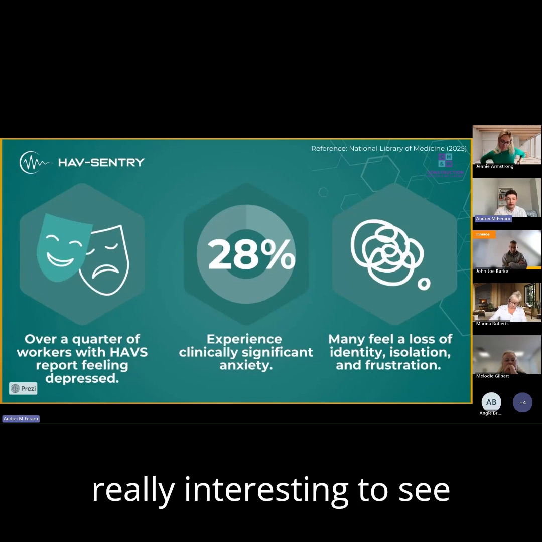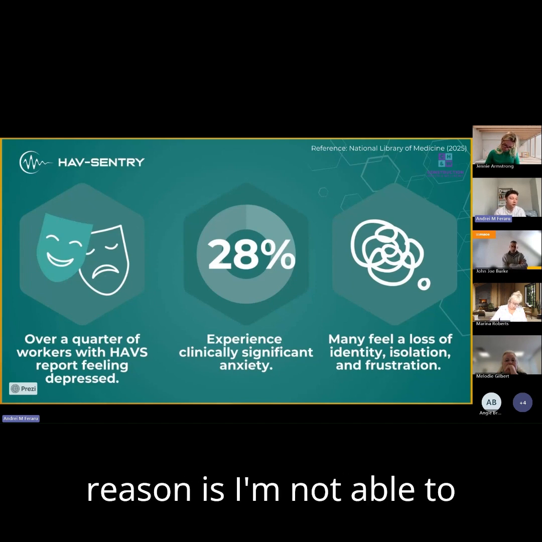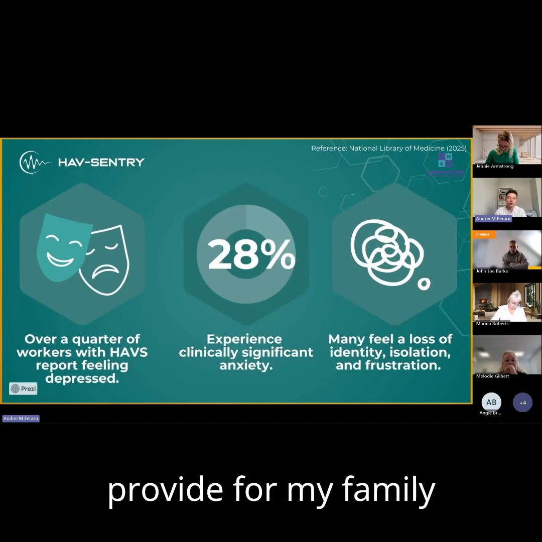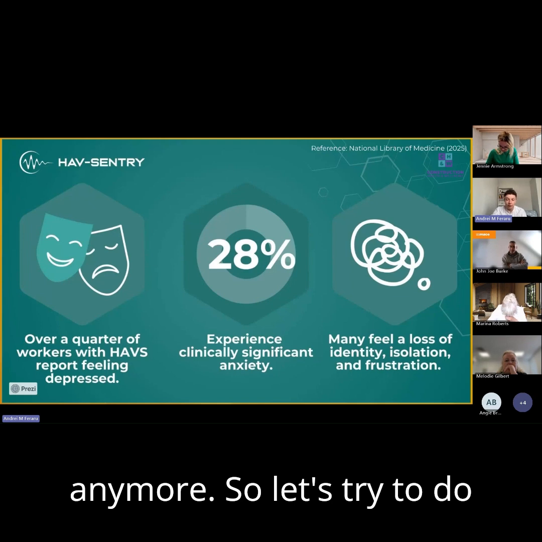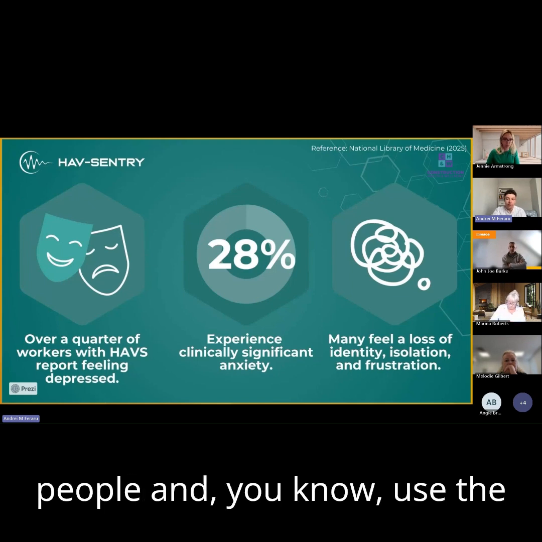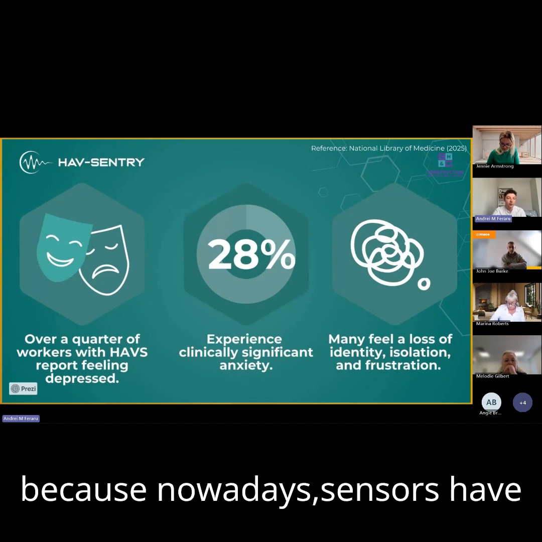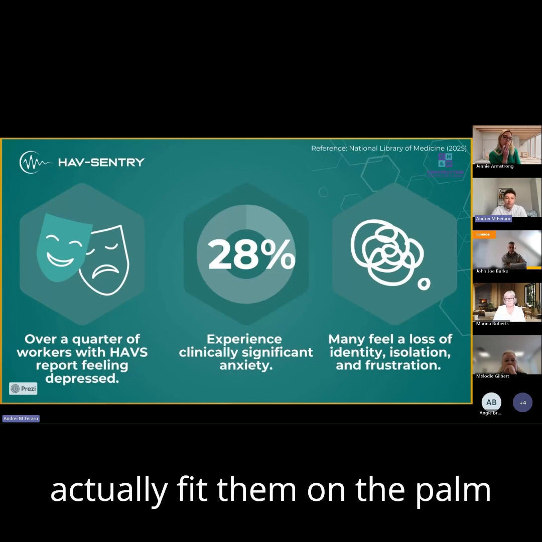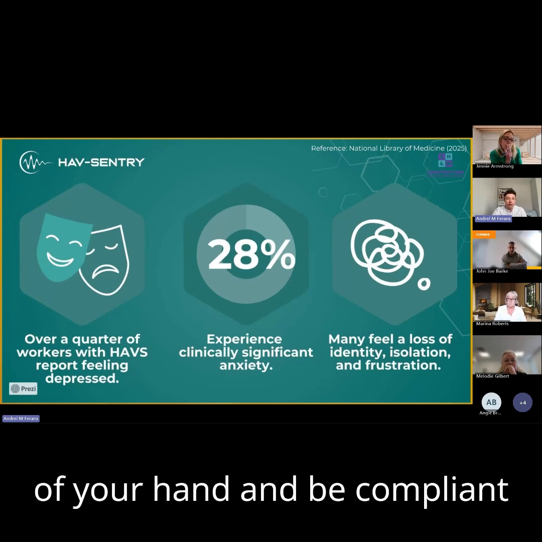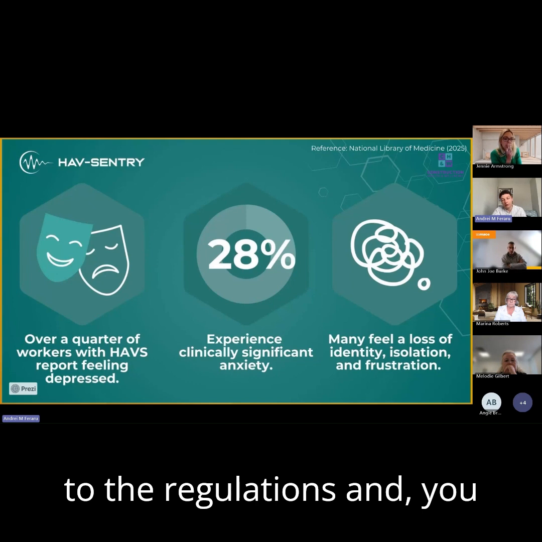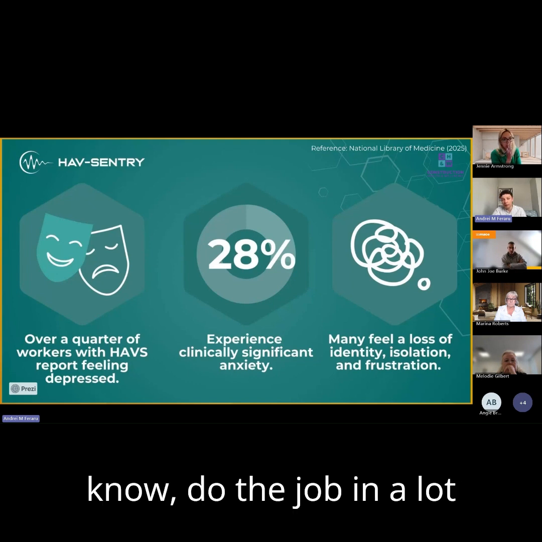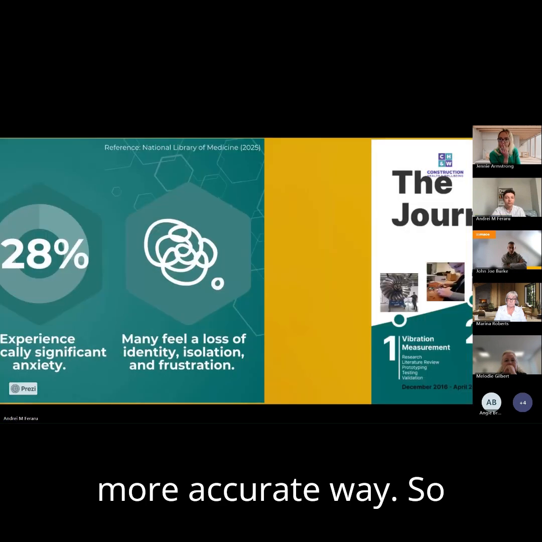But it was really interesting to see that the number one reason is I'm not able to provide for my family anymore. So let's try to do our best to protect those people, and use the latest technology to do that, because nowadays sensors have become so small that you can fit them on the palm of your hand, be compliant to the regulations, and do the job in a lot more accurate way.